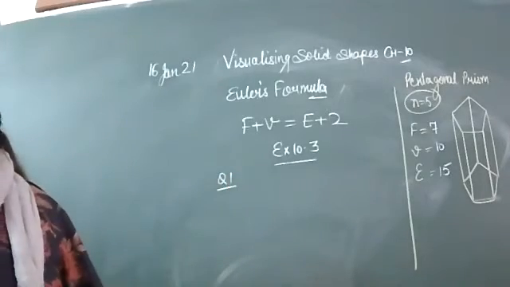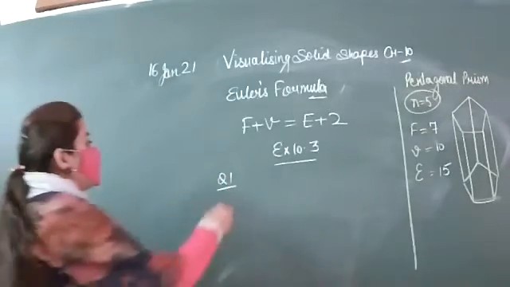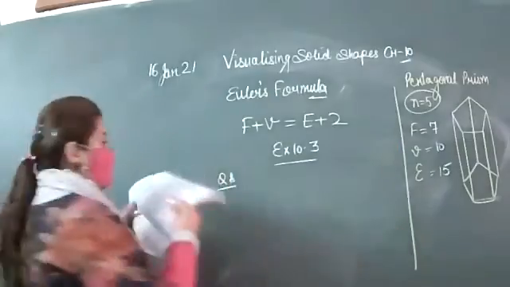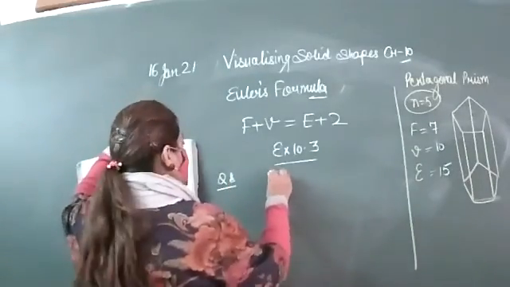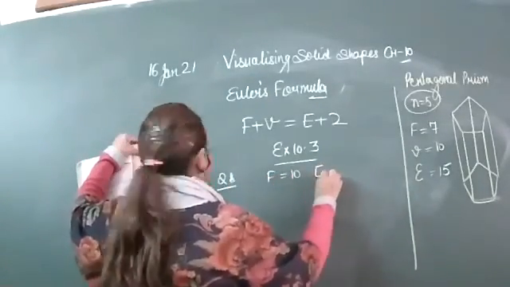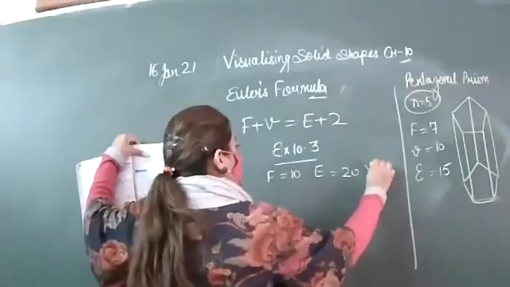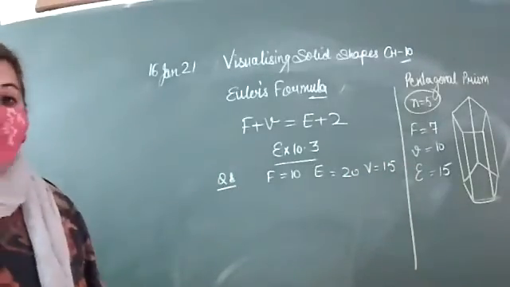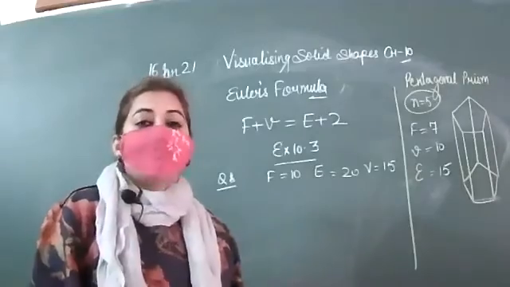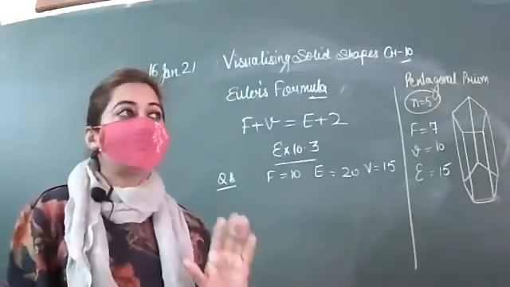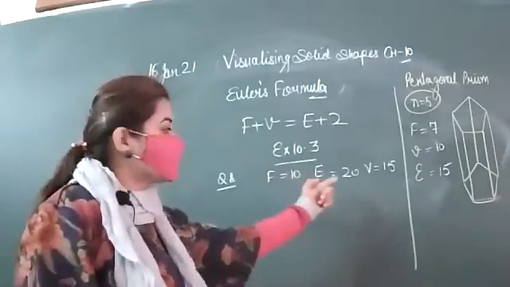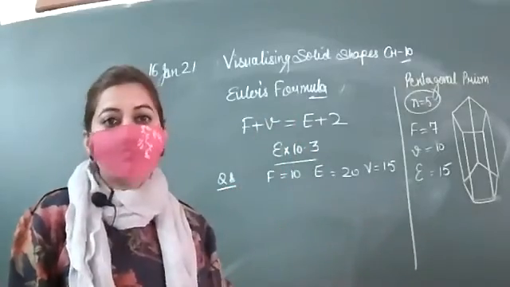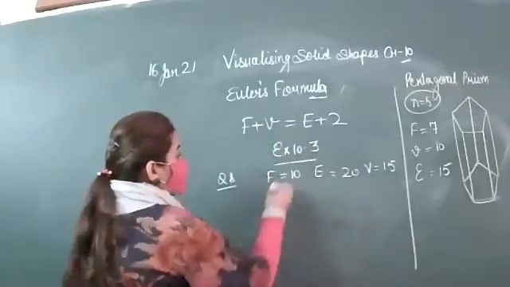Now, in the last question, number 8, you are given faces as 10, edges as 20, and vertices as 15. So the question is, is a polyhedron possible? I have just said that if the faces, vertices, and edges satisfy this formula, that means a polyhedron is possible, otherwise not.